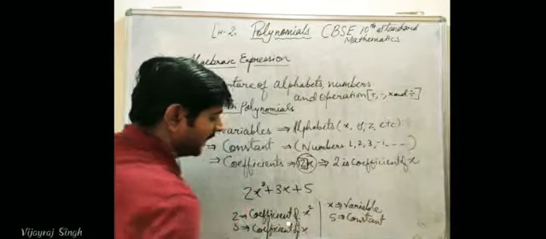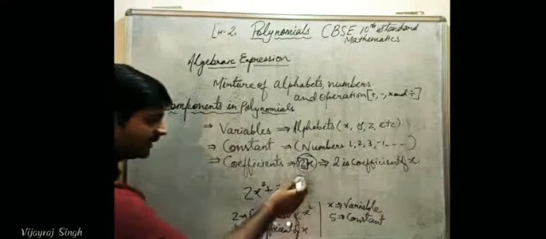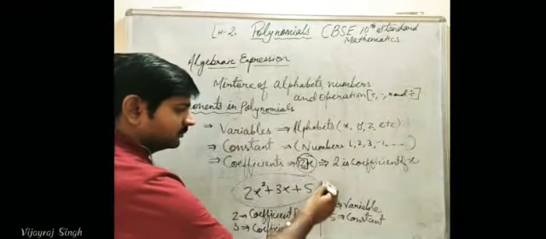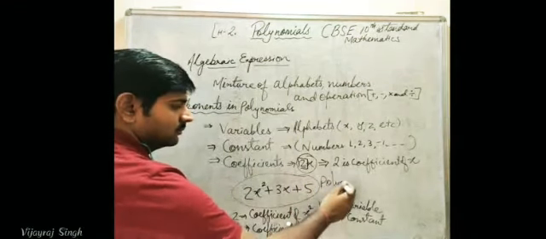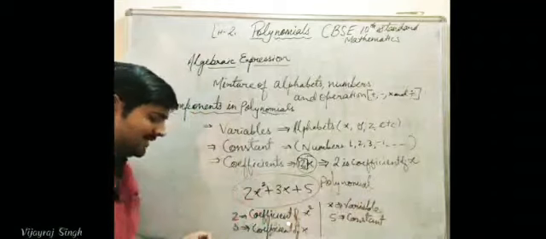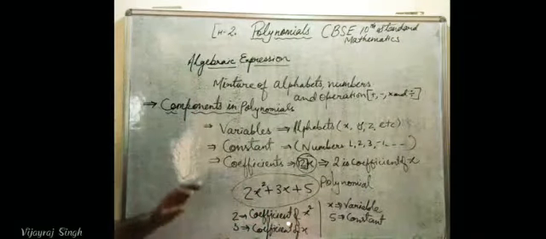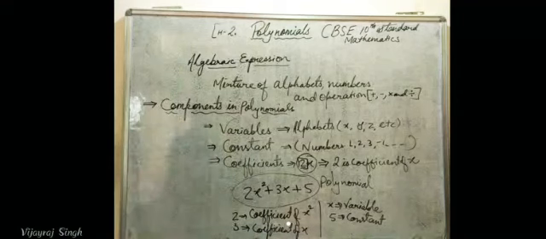That's why I said these are the components of the polynomial, and this whole thing is the polynomial. It can be called an algebraic expression also. So I am erasing this now, and let's take kinds of polynomials.